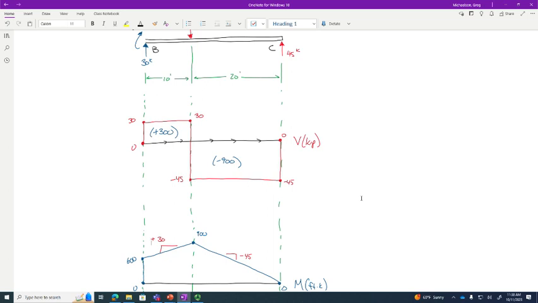If I cut a section right here, the internal force inside the truss member is 20 kips, right? If I cut a section right here, the internal force is 20 kips. It doesn't matter where I cut a section, the internal force inside this truss element is 20 kips. Does that make sense?